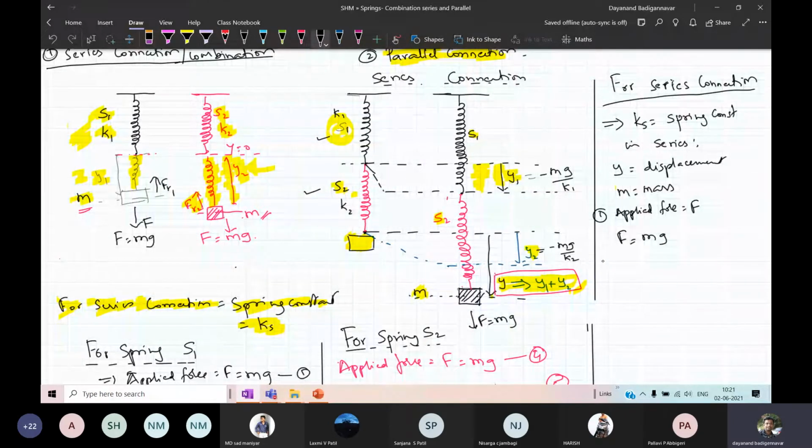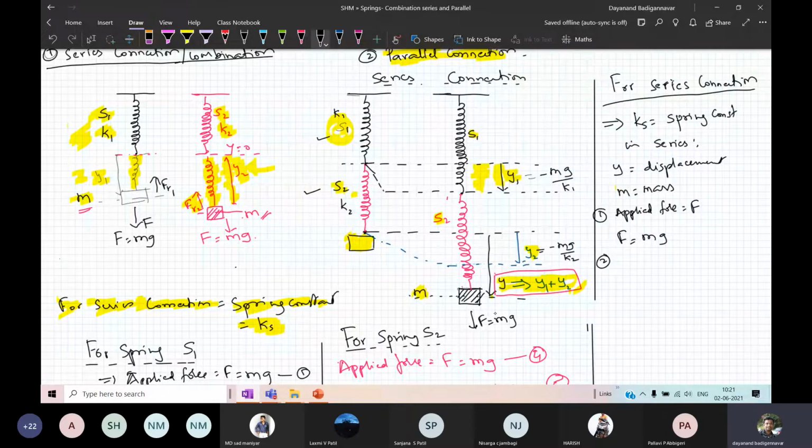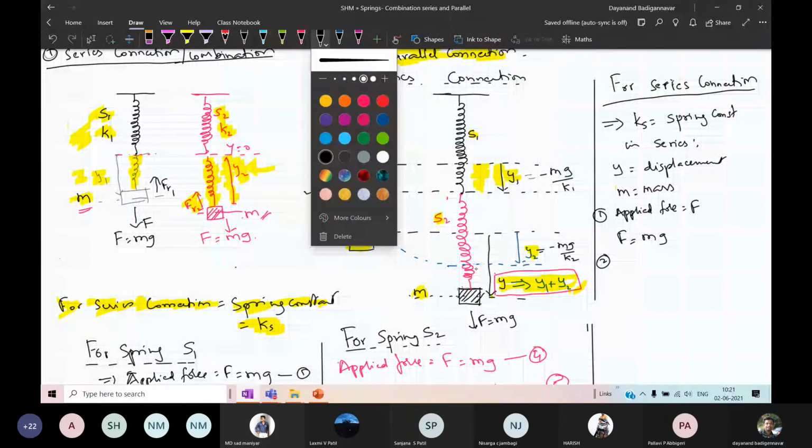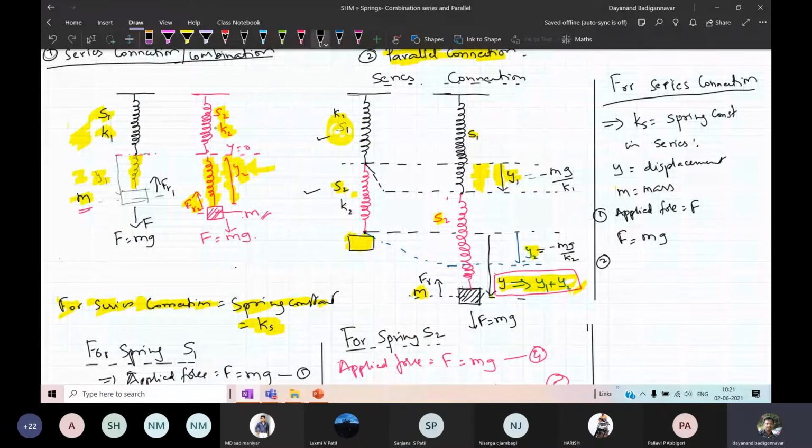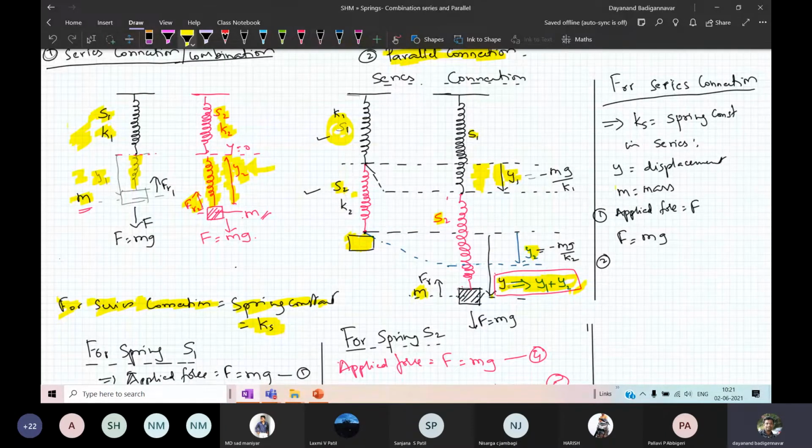What is the restoring force? I have to write the restoring force in this direction. Okay, the restoring force is Fr. Now look here, this is the applied force F equal to mg, and the restoring force is opposite to the applied force.